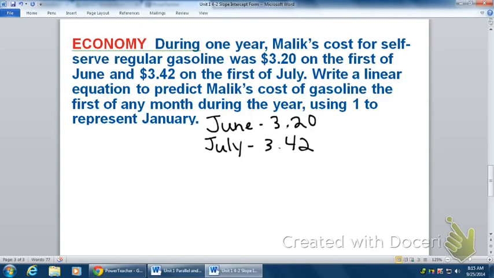So, how do we figure out our coordinates or our points? You minus 22 cents everything. Or add. Well, depending on which one. Wait, isn't it like 3? It's saying we're using 1 to represent January. So, you just count your months up. Okay? So, what's the number of June?